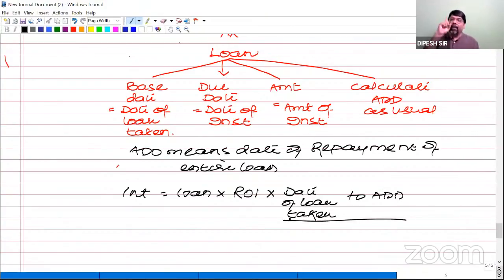Date of repayment. If the entire loan was repaid on one single day, it would have been ADD. Am I clear? Divided by 12 months or 365 days. So from date of loan taken to date of repayment, you will calculate interest, chartered.